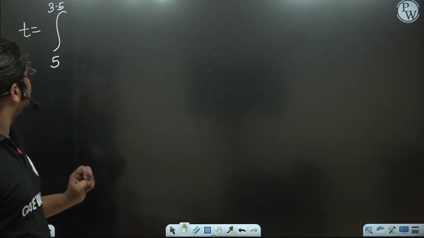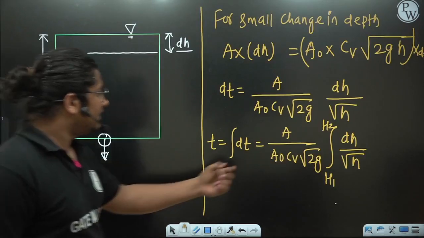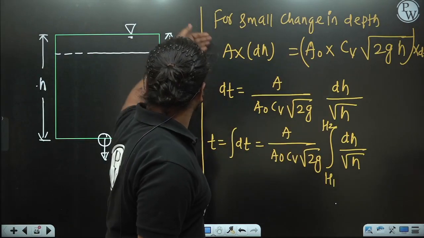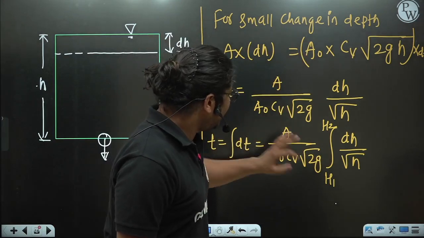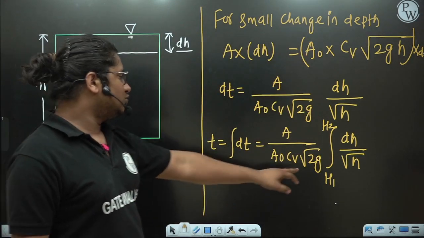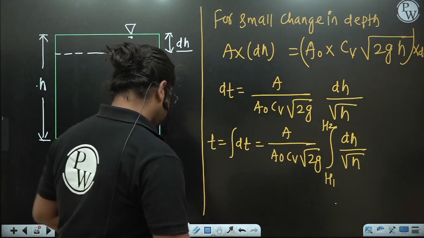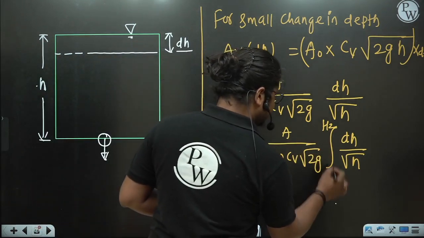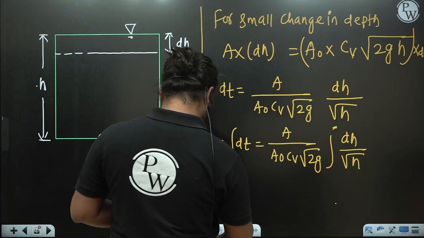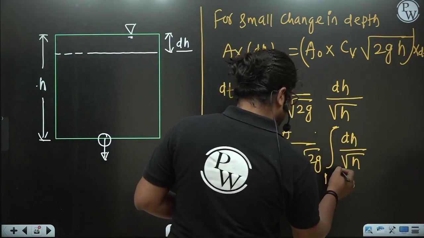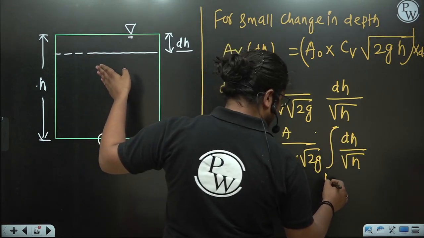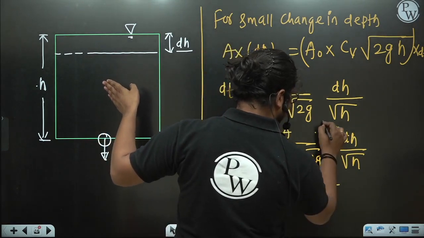One second. As the H is going downward, you need to put a minus sign. But if you don't want to put the minus sign, you have to write it in the reverse way. So this will be the H2, this will be the H1.